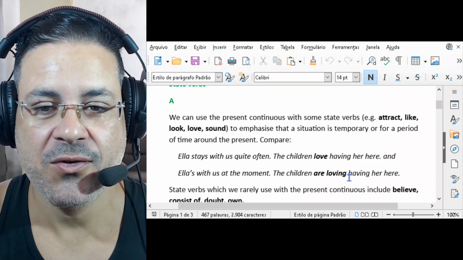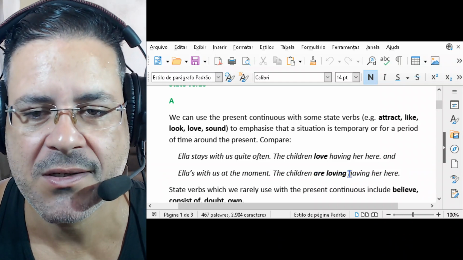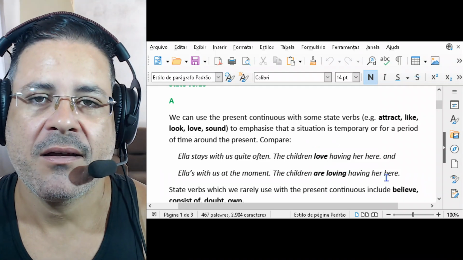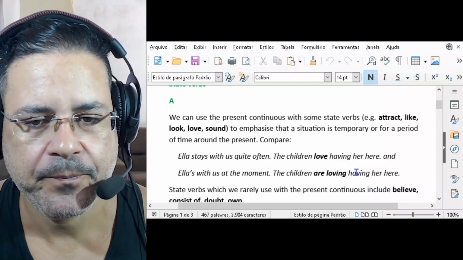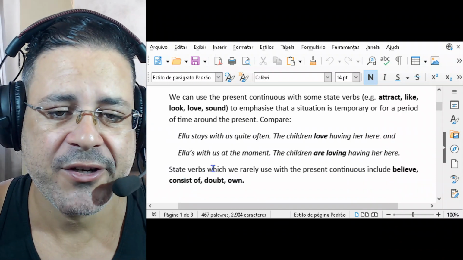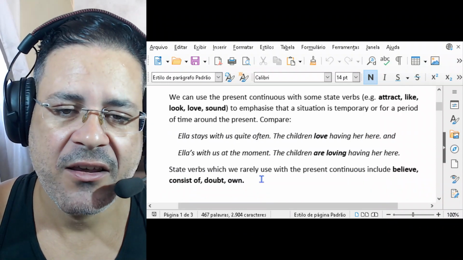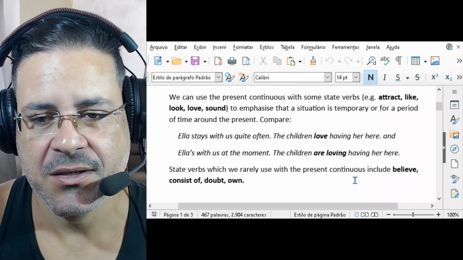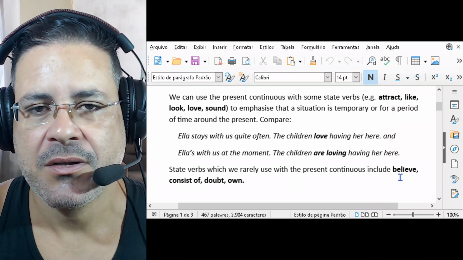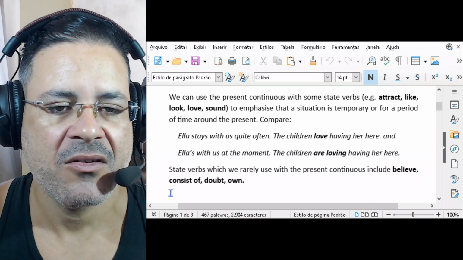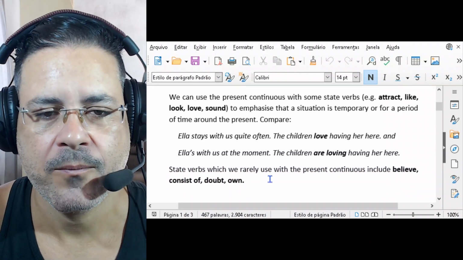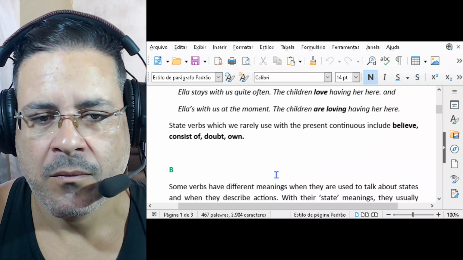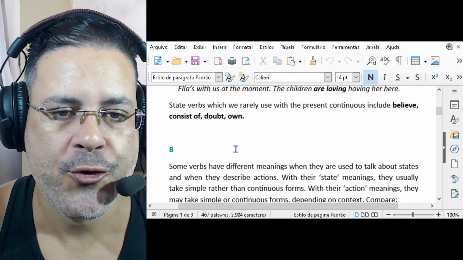So we can use the present continuous to emphasize that a situation is temporary or for a period of time around the present. State verbs, which we rarely use with the present continuous, include believe, consist of, doubt, own. Quite simple. Now let's go through section B.